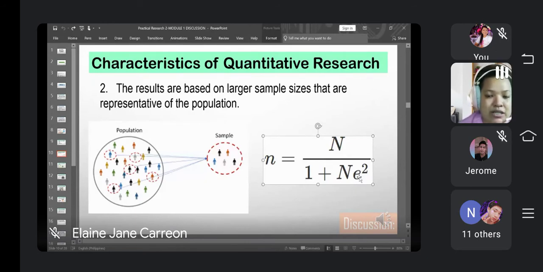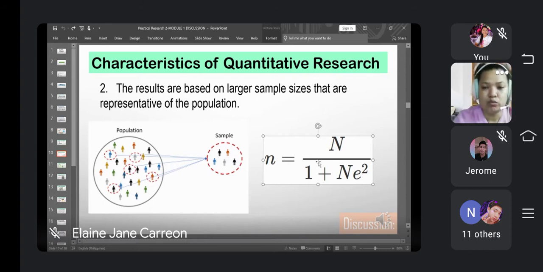Letter E stands for the margin of error. So this is the formula and it's called Slovin's formula. Ito ang ginagamit para ma-compute mo mula sa number ng population kung ilan ang sample mo na i-include mo sa iyong mga respondents.